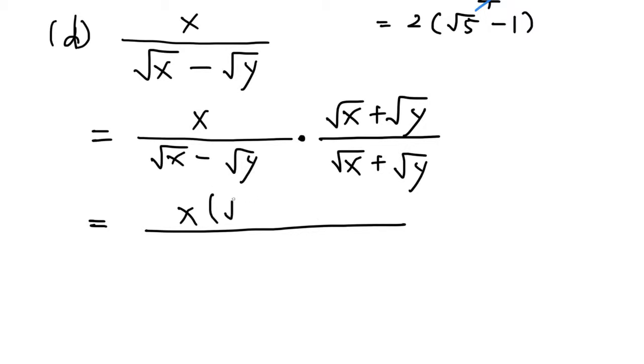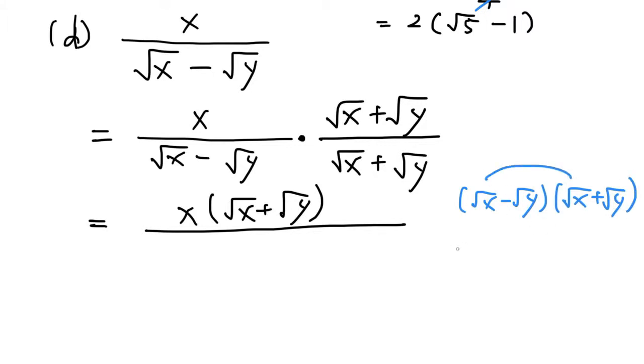So on top we have this. In the denominator we have square root of x minus square root of y times square root of x plus square root of y.